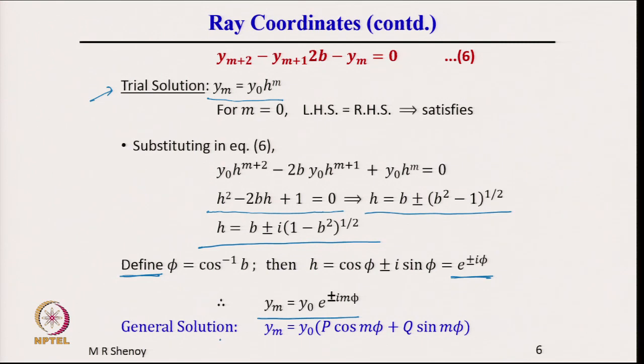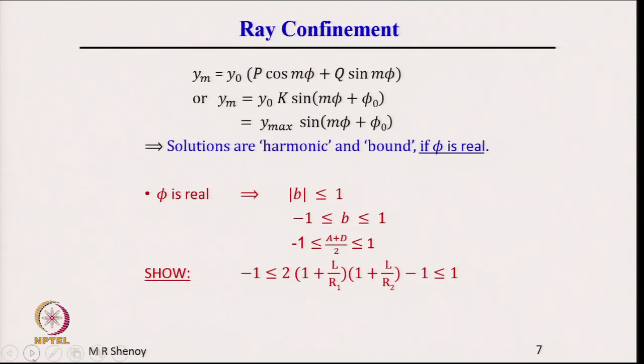So, the general solution can be written as y_m is equal to y_0 into p cos m phi plus q sin m phi, written in terms of sin and cos. Now, let us go further and discuss.